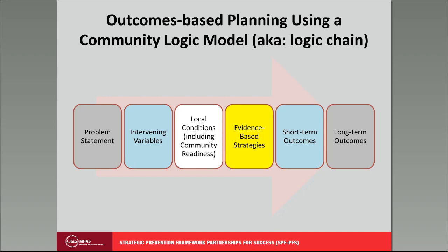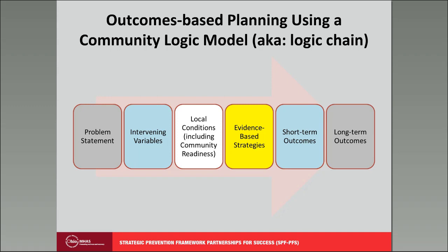The other thing we need to take into account, again, is those local conditions, including your community's readiness. Because selecting the right intervention, we need to look at the bigger picture. It's not good enough to say, here's my problem statement, here are these intervening variables that make sense. We have to look at our context. We don't necessarily measure the contextual variables. What we do is we use them as additional pieces of information that are going to impact our intervening variables, which would in turn impact our problem statement.